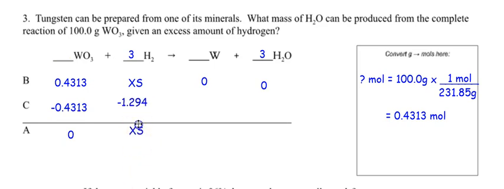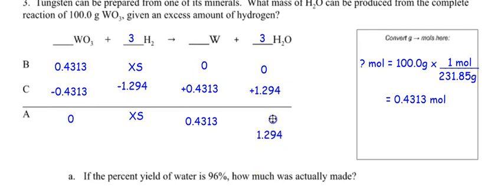And then if I subtract those out, I get excess. And then, well, 0.4313 divided by 1 times 1 is still 0.4313. And then 0.4313 divided by 1 times 3 is still 1.294. Okay, so then I add those, here I go.